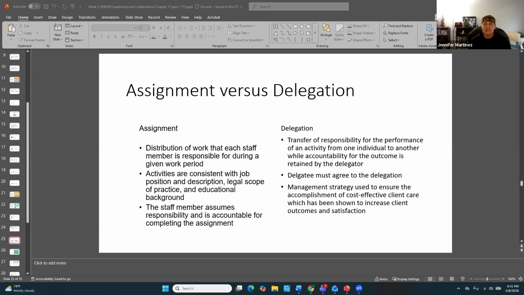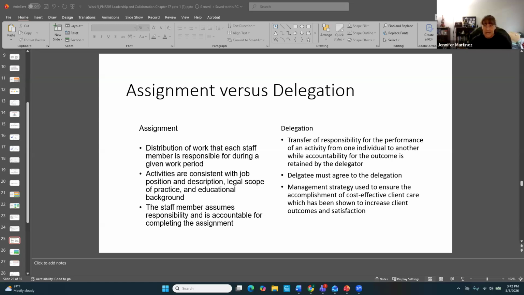Assigning is something that an LPN is going to need to develop, especially if you're going to be in that charge nurse role. Activities here are consistent with their job description, their job position, their legal scope of practice, and their educational background. So again, that's why I said earlier, it's really important that if you're going to be supervising your CNAs, you know what their scope of practice is according to their Nurse Practice Act.